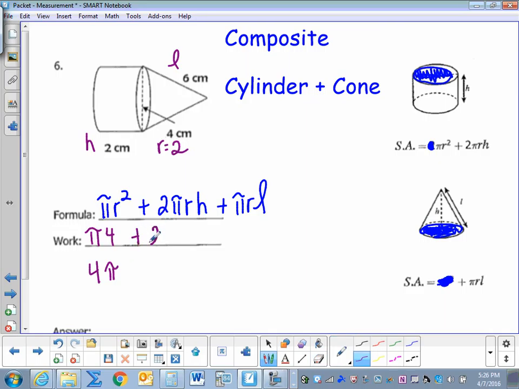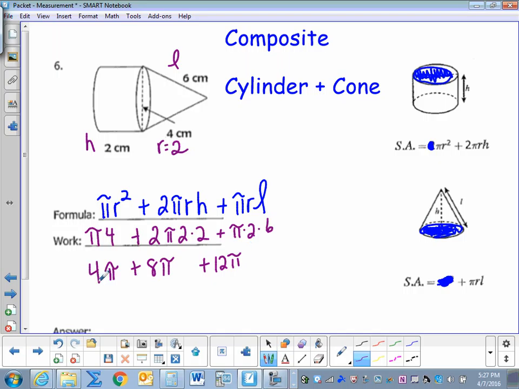plus 2 pi times 2 for the radius and 2 for the height. So 2 times 2 times 2 is 8. So 8 pi plus pi times the radius of 2 times the slant height of 6, which is 12 pi.